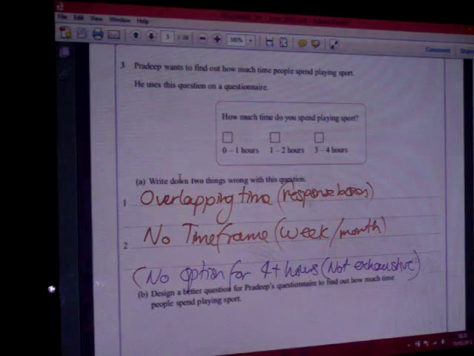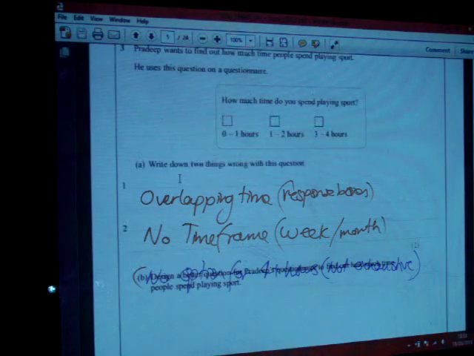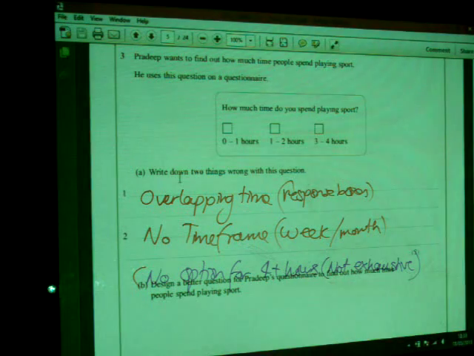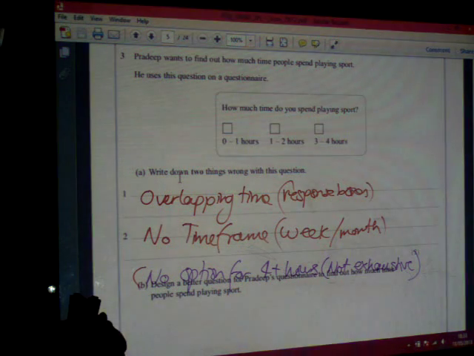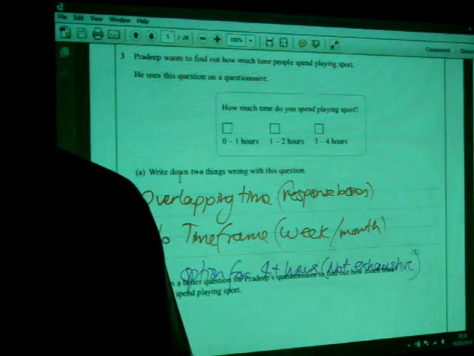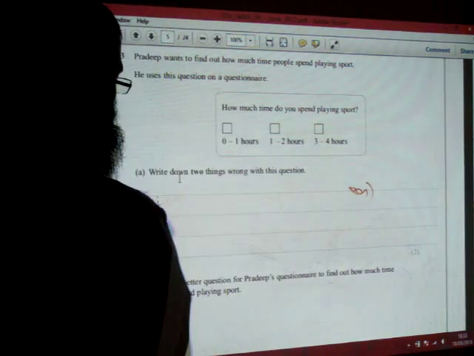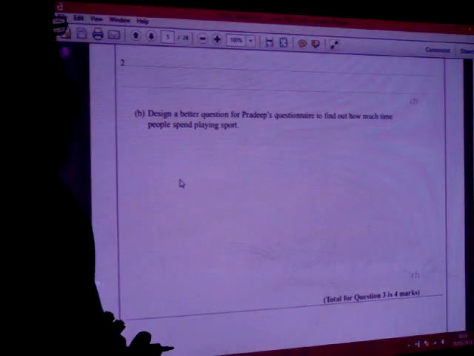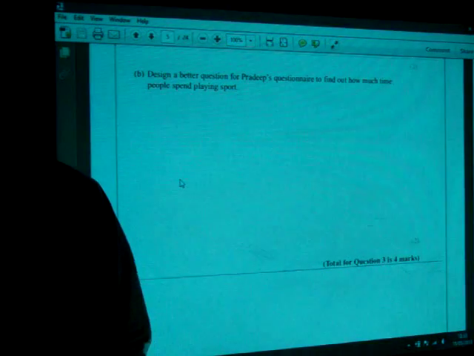Next question says design a better question for Pradeep's questionnaire to find out how much time people spend playing sport. Now we said they didn't ask about the time, did they?